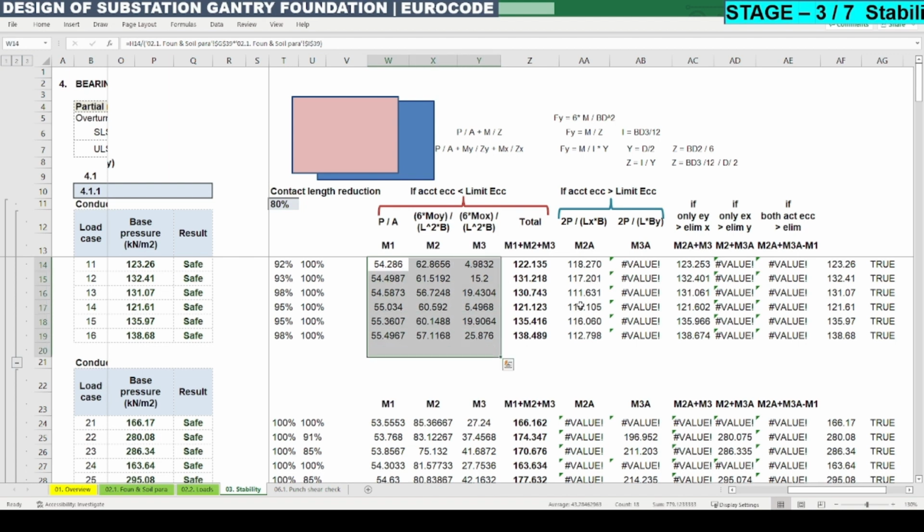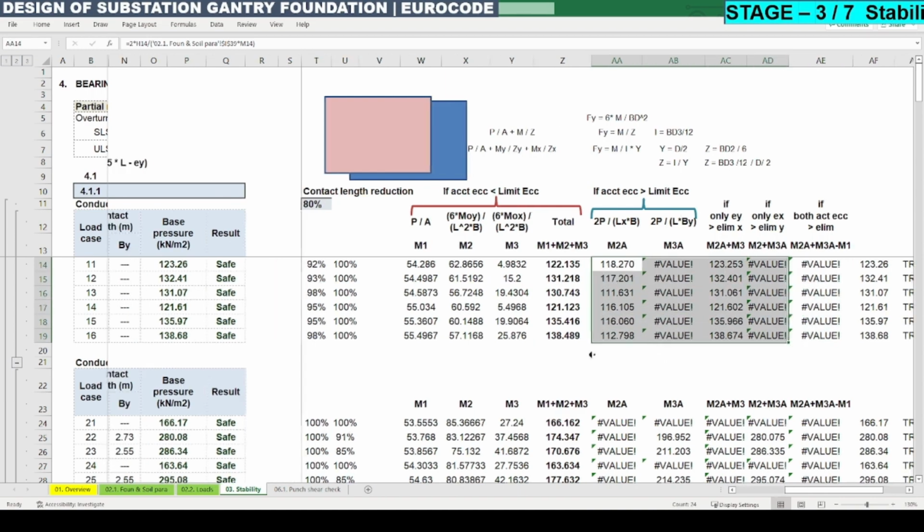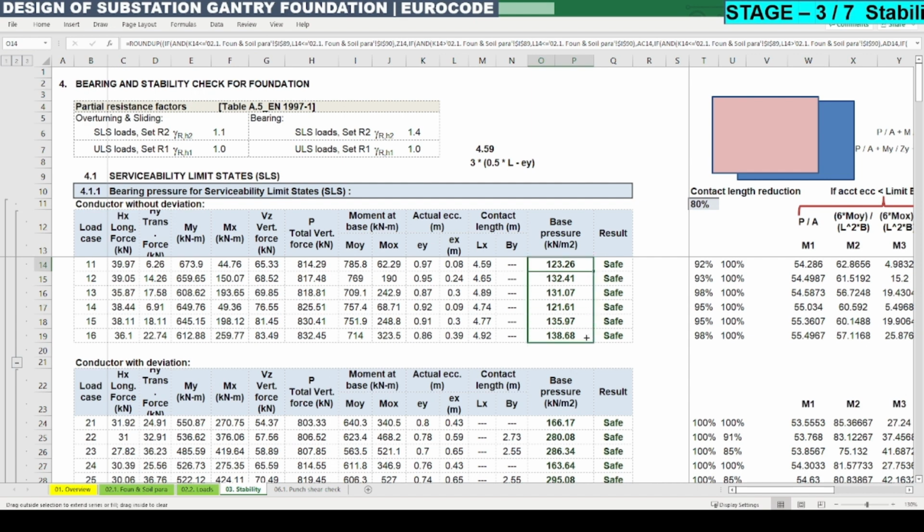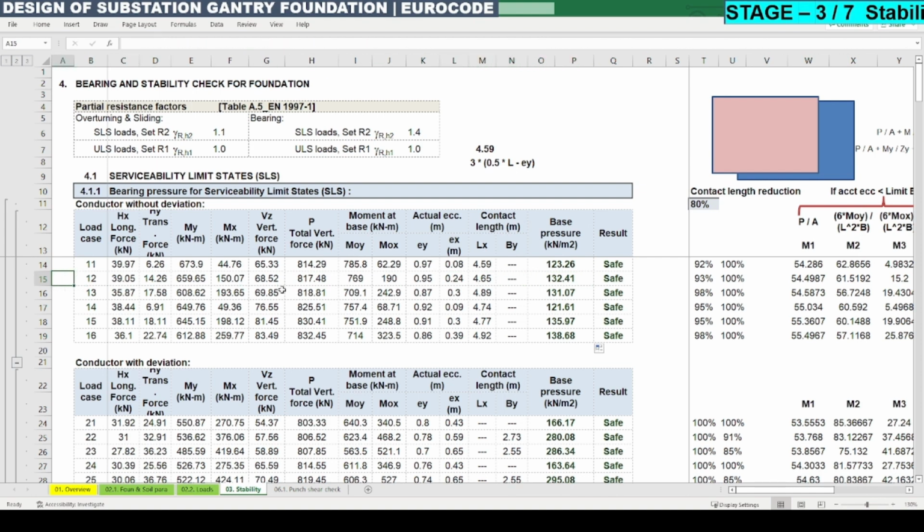And if one is exceeding, likewise we already discussed those, the same conditions are applied here with the if and formula equations, so that all cases we need to calculate likewise. So this is the bearing pressure calculation. Then it is very simple for us to add for all the load cases.